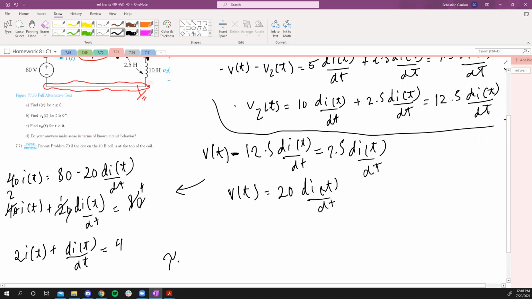So then we know that tau is going to be equal to 1 over 2, correct? And our K is equal to 4.